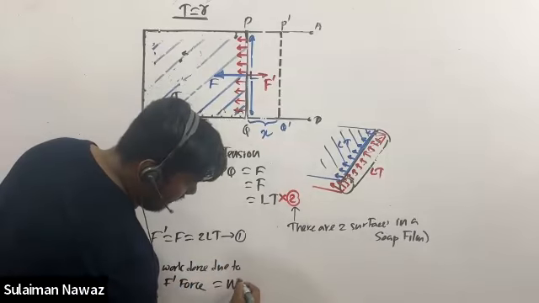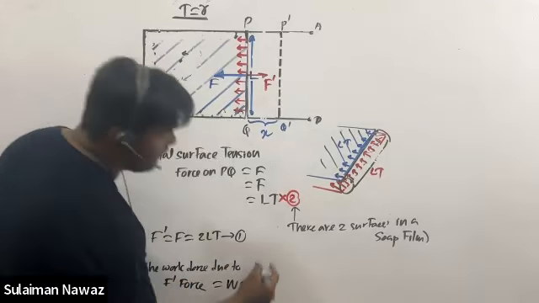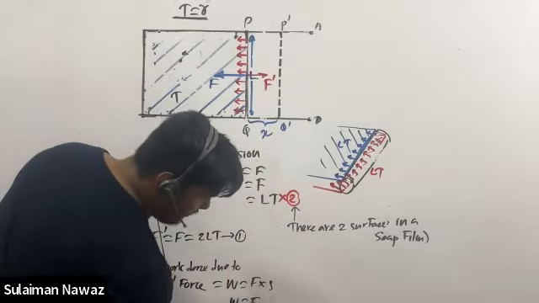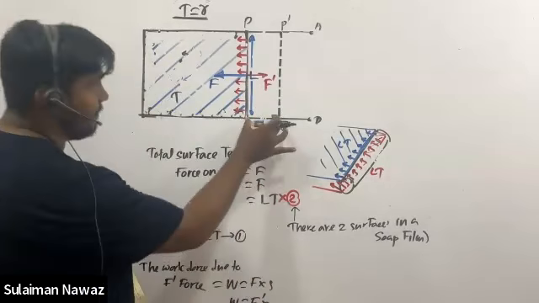We know the equation for work done, W equals force into displacement. Force is F dash, I say W1 work done, force is F dash into displacement, which is simply X.